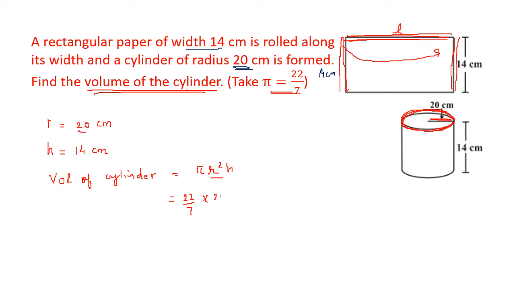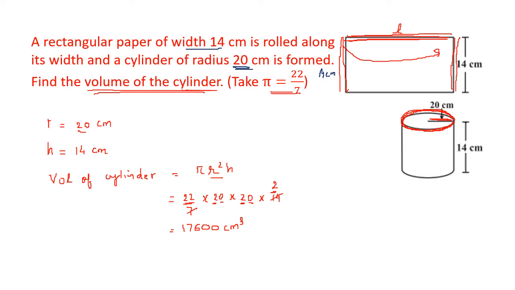So 20 square is 20 into 20 into h is 14. So 7 twos are 14, 22 twos are 44, 44 twos are 88, 88 twos are 176, and 0, 1 and 0, 2. So we add two more zeros.